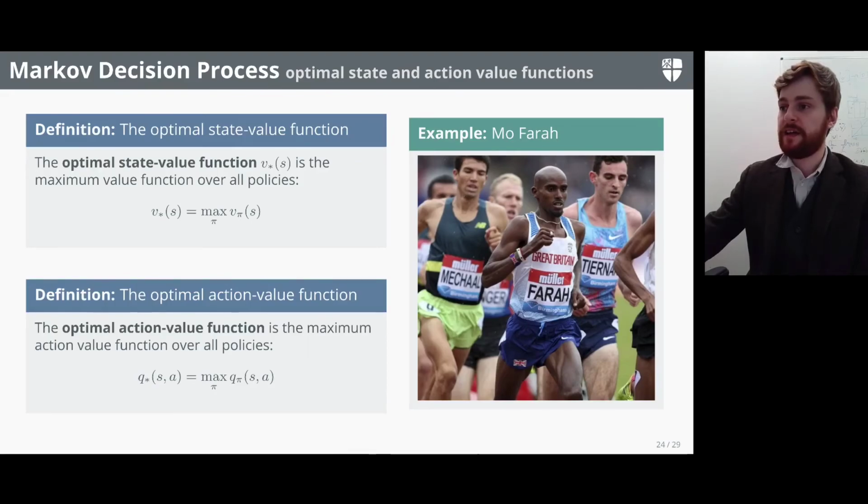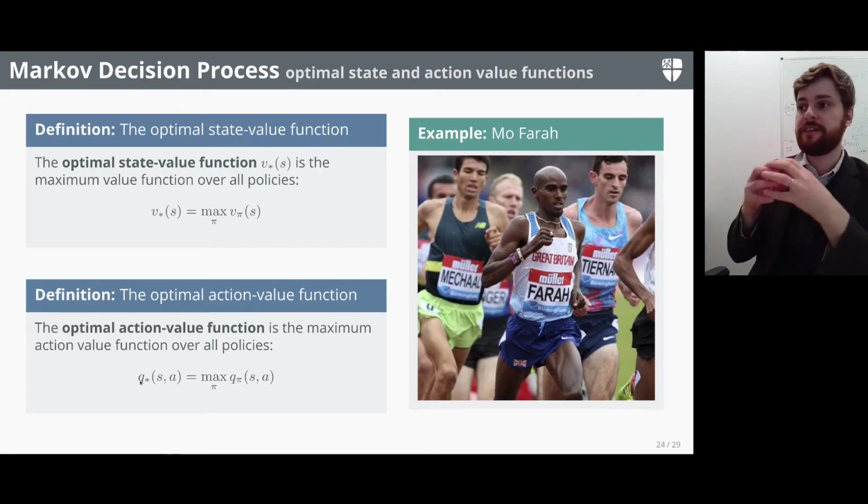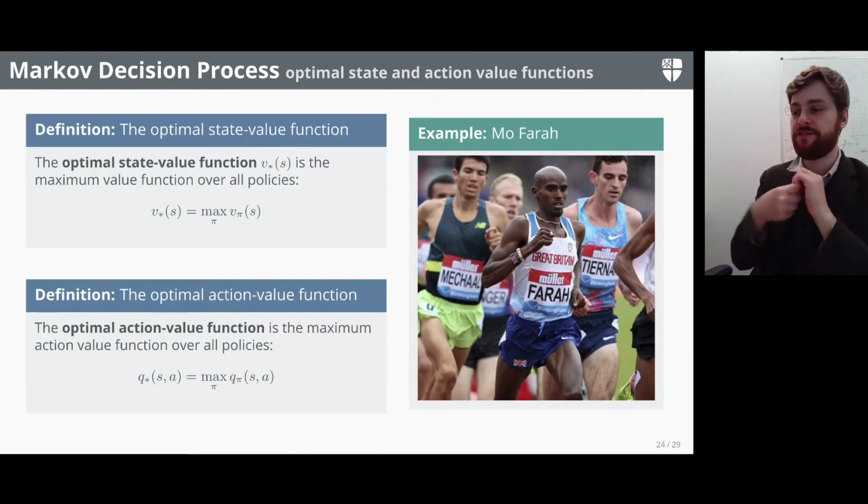And V star here tells us the maximum amount of reward you could extract from the system. Similarly, Q star, or the optimal action value function, tells us the maximum amount of reward you can extract when you start in that state and you take that action A. So what's the best time Mo Farah could possibly get if he chose to eat a hamburger instead of his usual chicken and rice on the morning of the race?